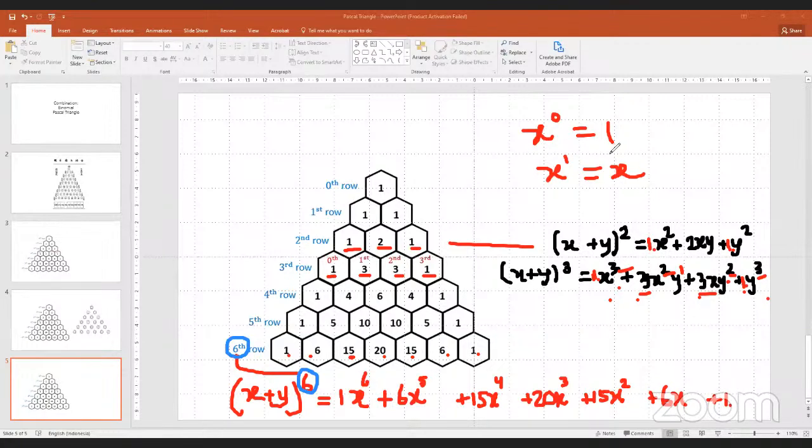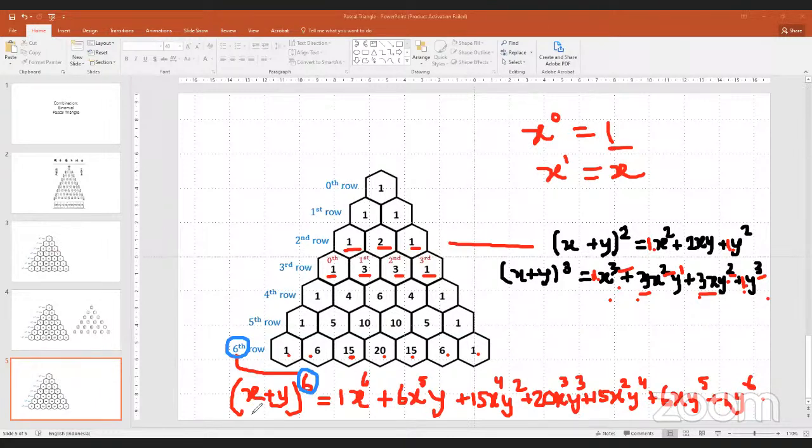But x to the power 1 is just x. And then we have y to the power 0. So that's 1. We don't write it. And it is y square, y to the power 3, y to the power 4, y to the power 5, y to the power 6.